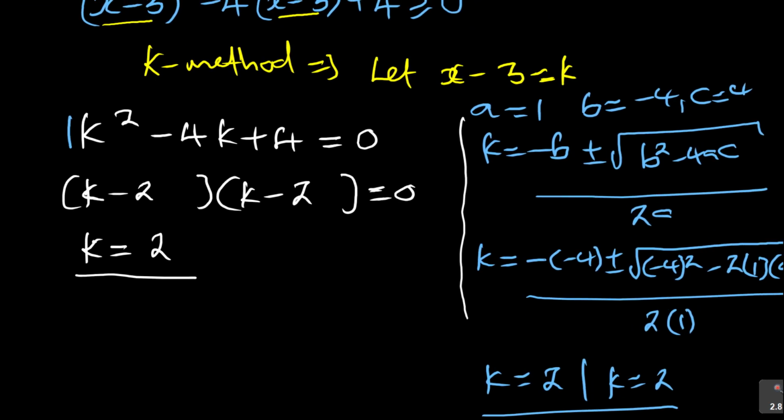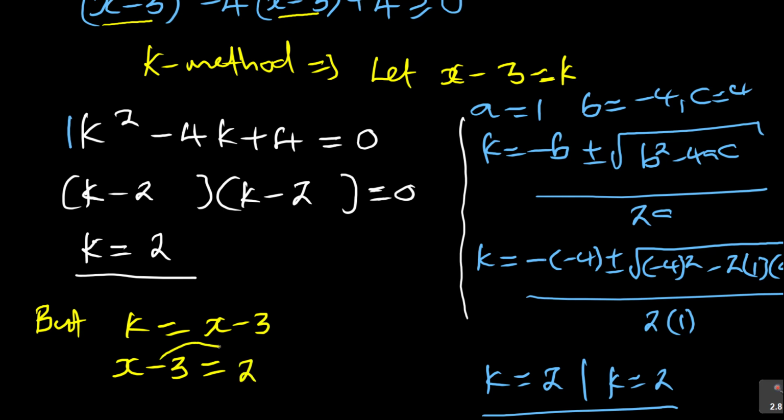Remember, you said let k, so we can say but our k is equal to what? X minus 3, because x minus 3 is equal to k. So where there is 2 here, we can say x minus 3 is equal to 2.